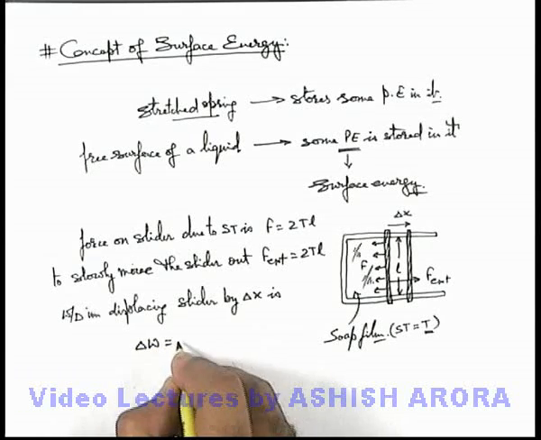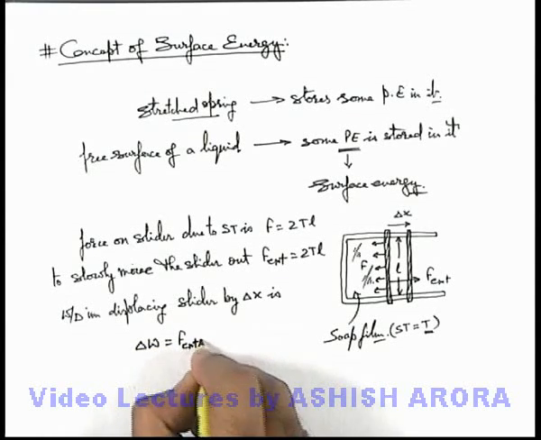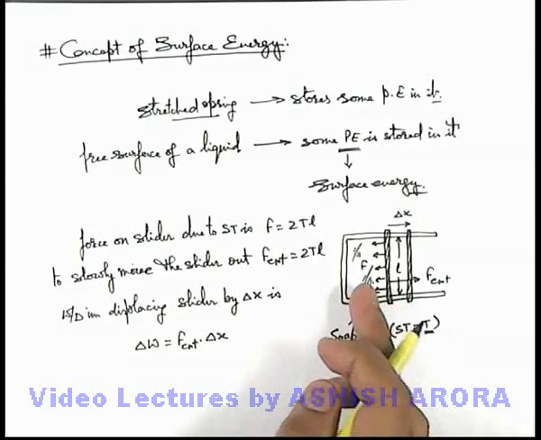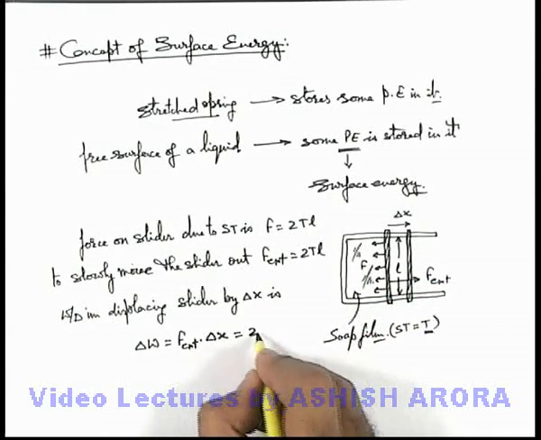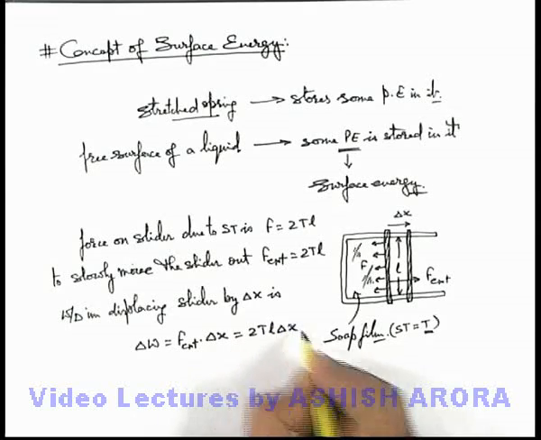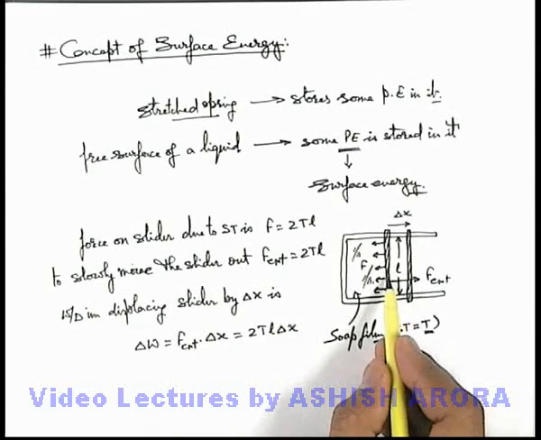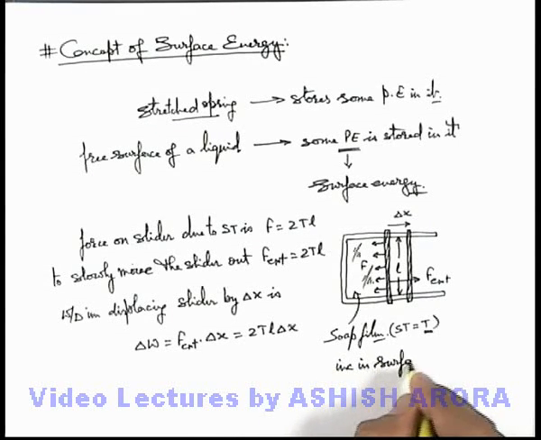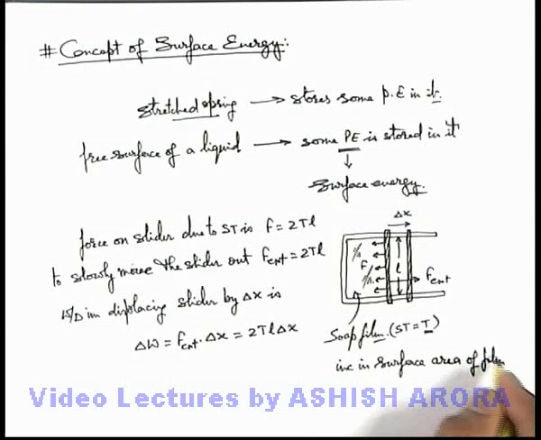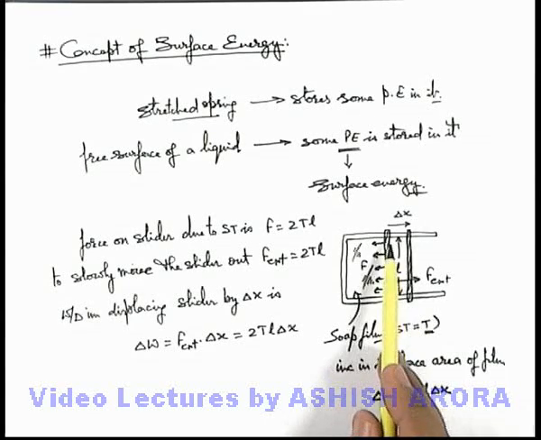Delta W can be written as F external into delta x, and if it is slowly being pulled, F external we can substitute as 2TL, so delta W equals 2TL delta x. The increase in surface area of the film, delta S, can be written as twice L delta x, because as we have discussed, this is a film.